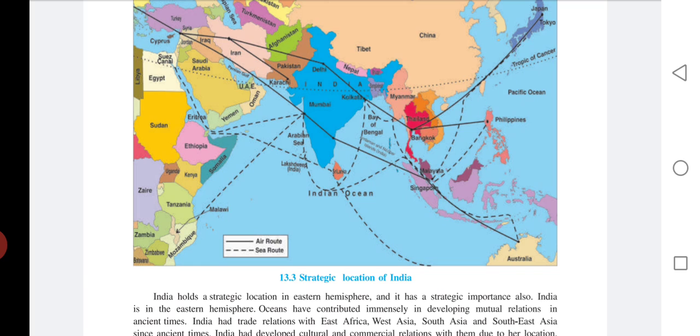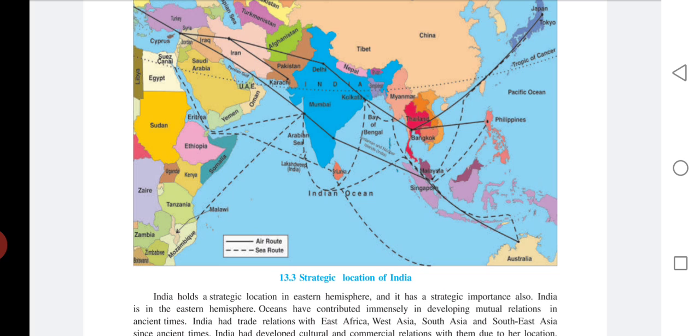Now, the last two lines on page 100: India's area is 32.8 lakh square kilometers, and India ranks 7th in the world by area. Countries larger than India, right? You know that Russia lies in two continents, Asia and Europe.